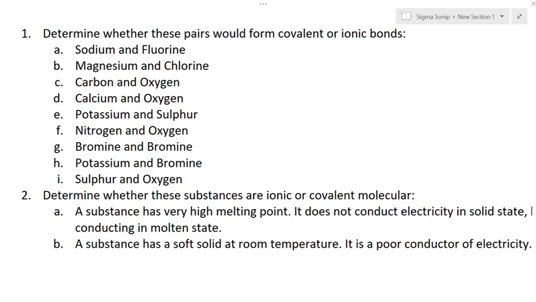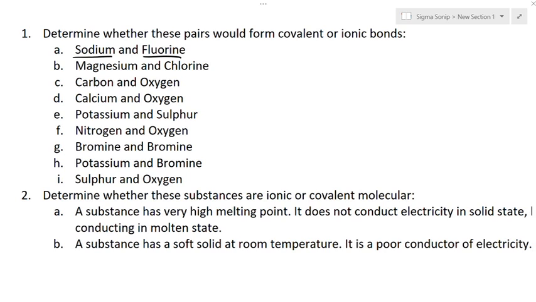The first question is to determine whether these pairs would form covalent or ionic bonds. So the first thing you need to do when you are given these kinds of questions is see whether these atoms need to gain or lose electrons.